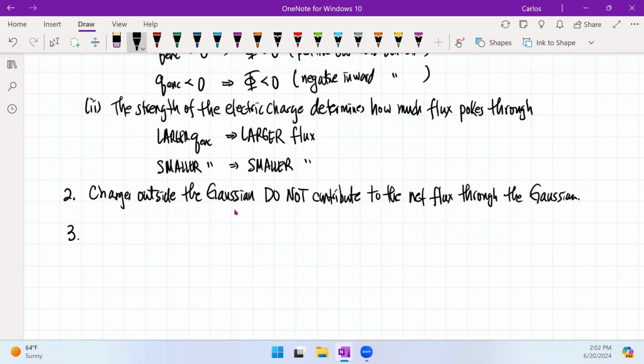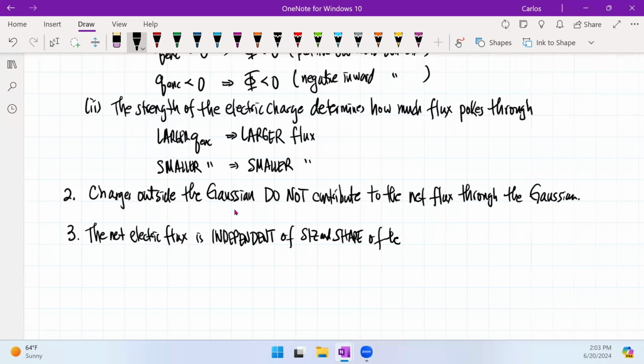And then finally, but not least, the net electric flux is independent of size and shape of the Gaussian.